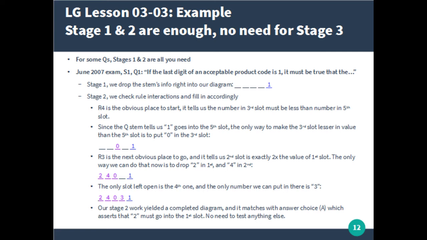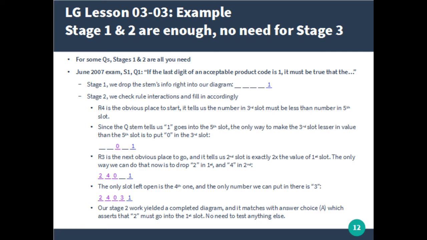And now I'm just looking at the rules and trying to fill in the rest of the picture and see what the possibilities are. If you look at the list of rules for this particular game, rule 4 is the obvious place to start, because it tells us that the number in our 3rd slot has to be less than the number in our 5th slot. The number in our 5th slot, according to the stem, is the digit 1. 1 is a pretty small number, as far as whole numbers are concerned.